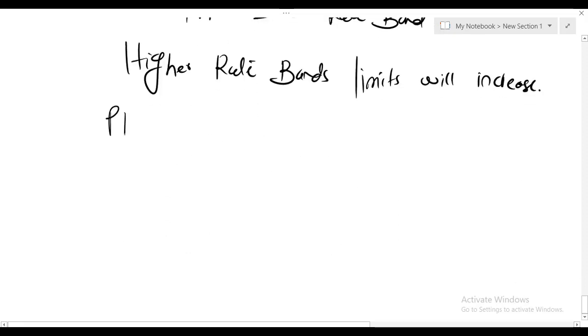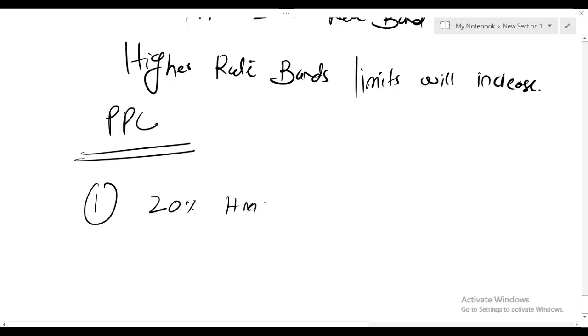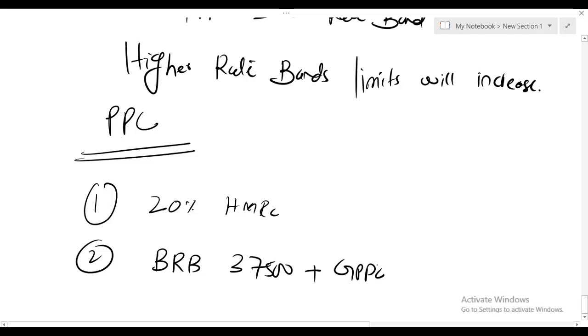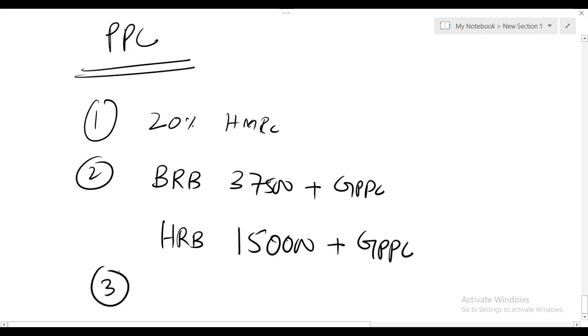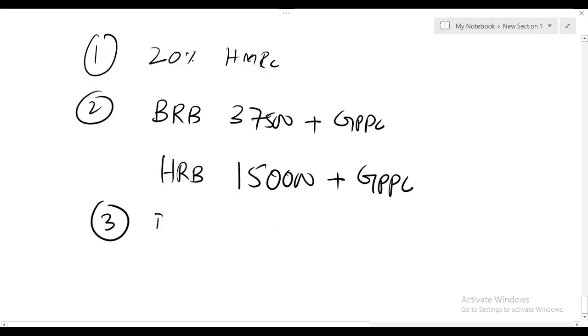If somebody is asking us what are the advantages of contributing in PPC, the one is 20% is paid by HMRC. The second benefit is your basic rate band limit, which is 37,500, it will be increased with gross PPC amount. Your higher rate band limit is 1,50,000, it will also be increased by gross PPC amount. And the third benefit of PPC is it actually reduces your ANI.